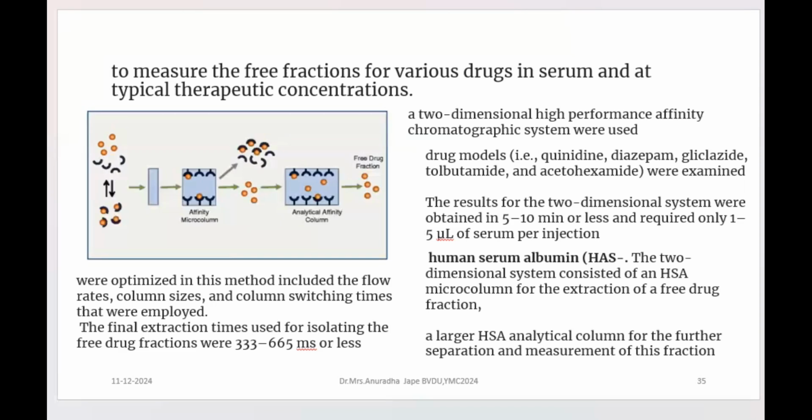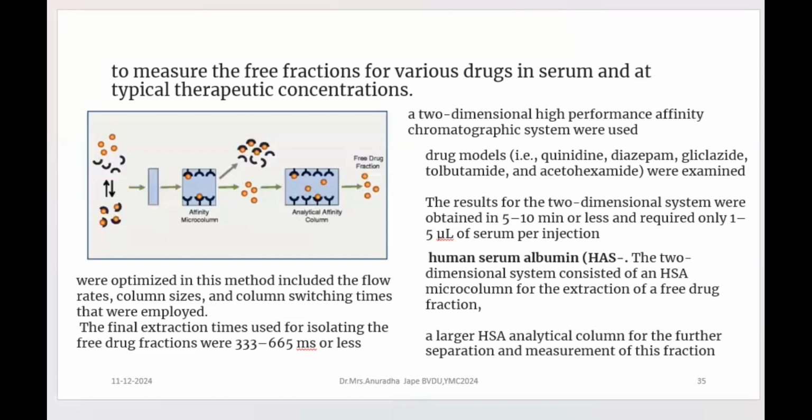But it has been found and proved that these systems are very useful and highly efficient, because within 5 to 10 minutes and with a very minimum amount of serum sample, say 5 microliters to 10 microliters, you can check the presence of the desired drug in the serum at a given period of time.